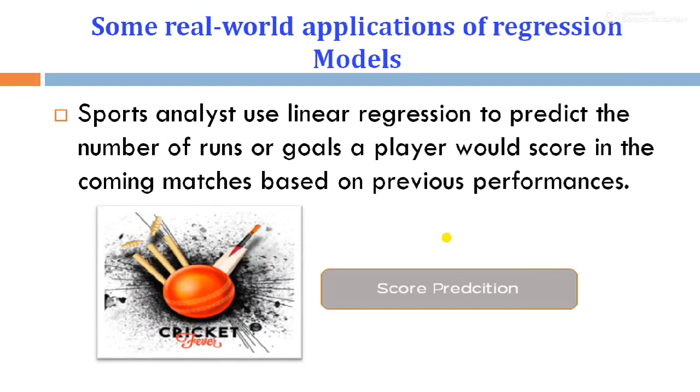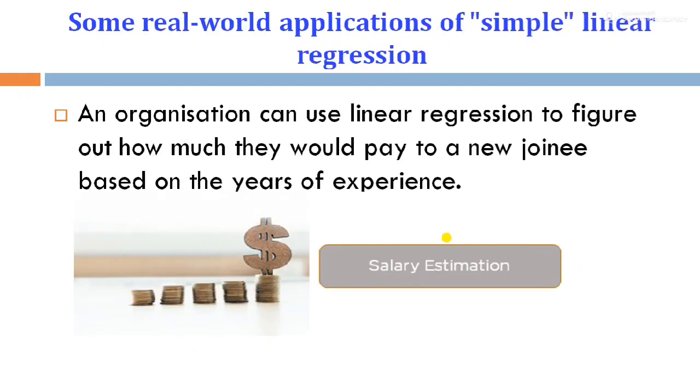The next example is score prediction. How can regression analysis be used in score prediction? It can be used to predict the number of runs or goals a player would score in the coming matches based on previous performance. So regression analysis can be used in sports analysis also.